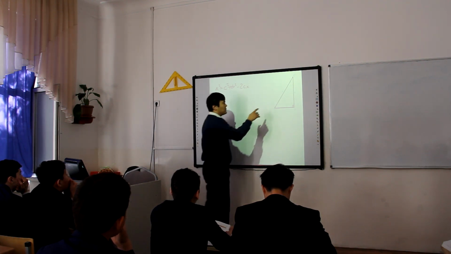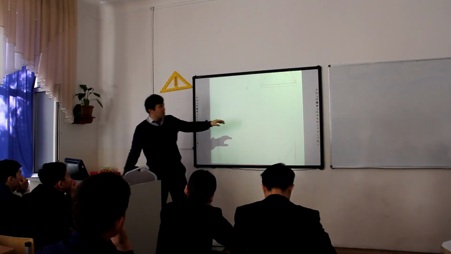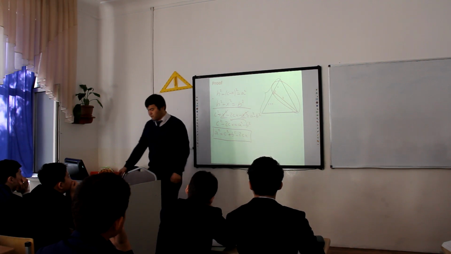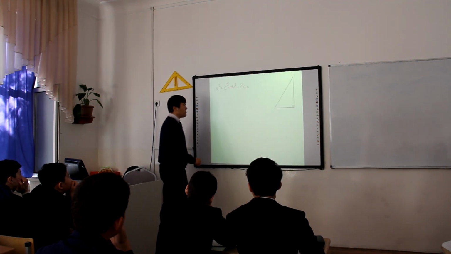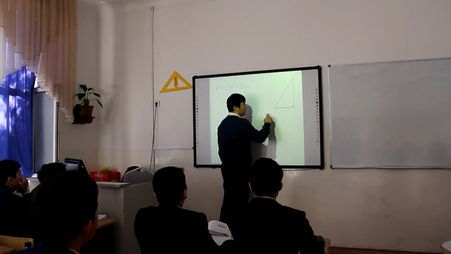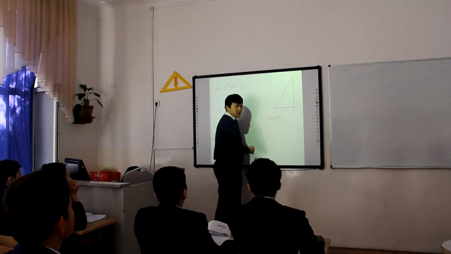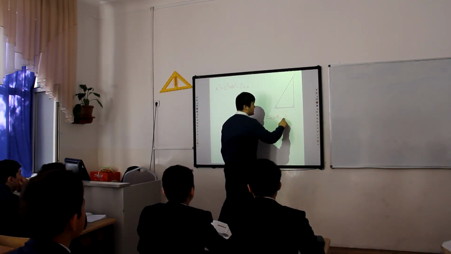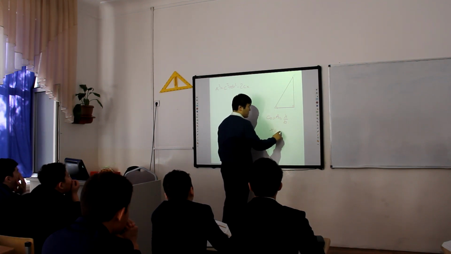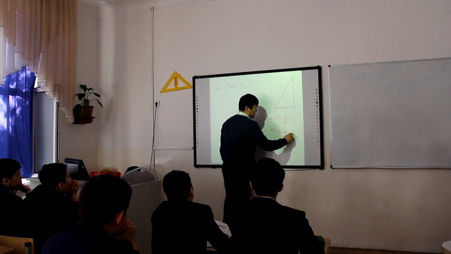Now, if you look at this smaller triangle, what will cosine A be? This angle. Cosine A is adjacent over hypotenuse, that means x over b. Then what's x? x is b times cosine A. Is that correct?